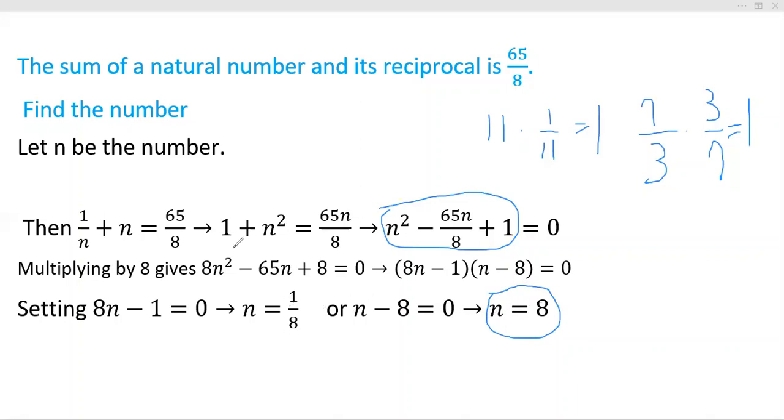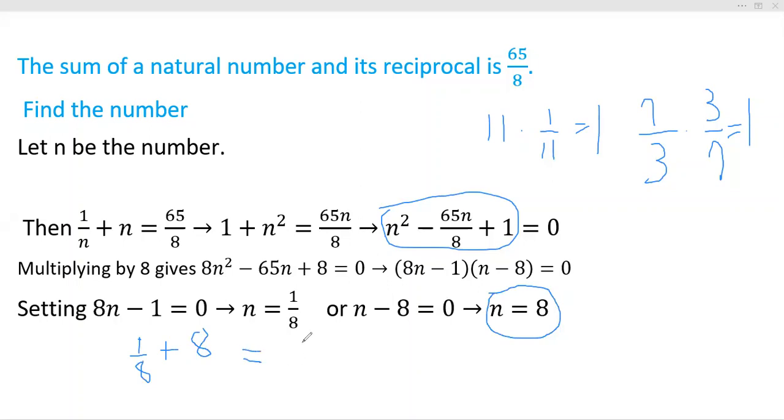So what we have right here is 1/8 plus 8. Now it becomes a common denominator problem, and you'll note that 8 times 8 is 64.